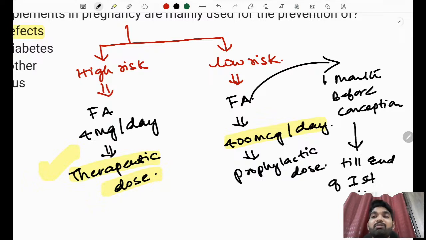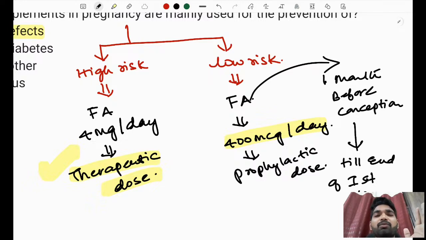So the entire first trimester she has to take this folic acid supplementation. But practically this is not possible. Theoretically this has been mentioned in the book, but before a woman even becomes pregnant, she will not come to the obstetrician and ask for folic acid supplementation, right? So this is completely a theoretical point, not a practical point.